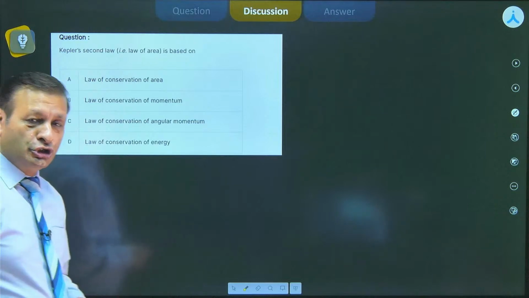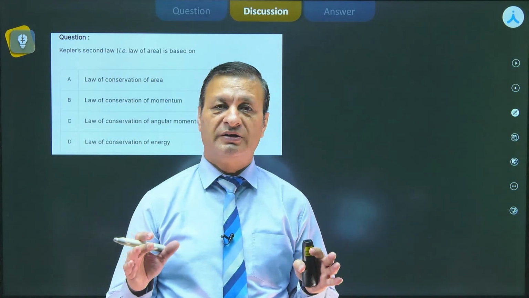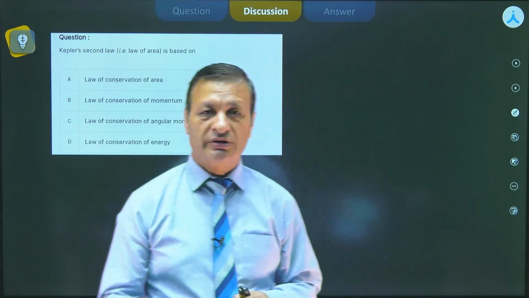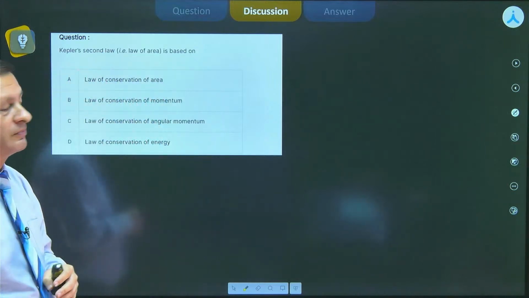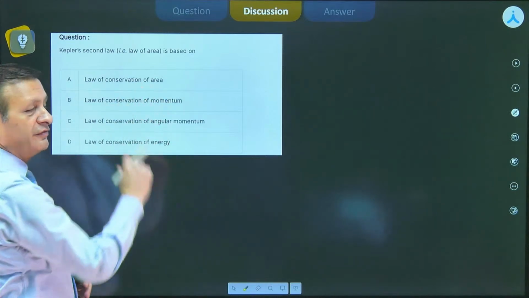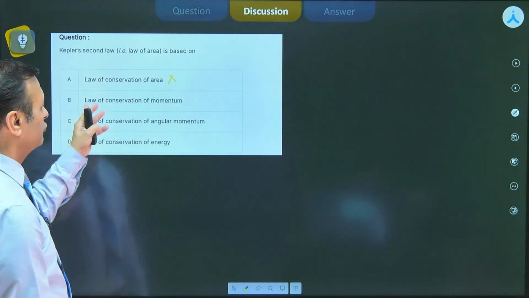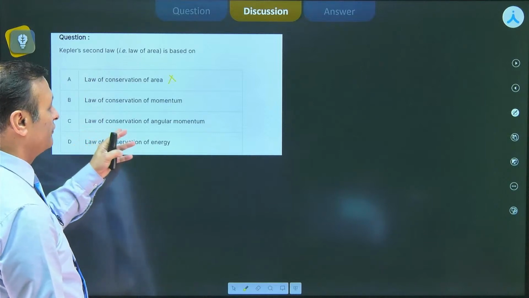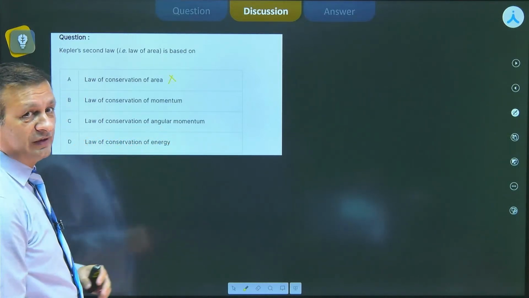Fine. So now whatever we have covered from the gravitation part, let's attempt a few questions based on that particular concept only. So Kepler's second law is based on, is it based on law of conservation of area? No. Is it based on law of conservation of momentum? Is it based on law of conservation of angular momentum, or based on law of conservation of energy?